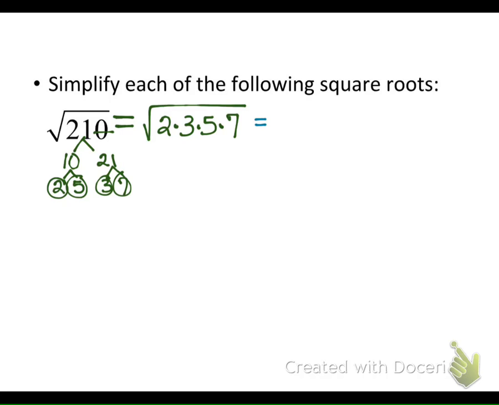So what's step 4? What's the last thing I'm going to do here? Yeah, simplify it. So what's 2 times 3 times 5 times 7? 210.